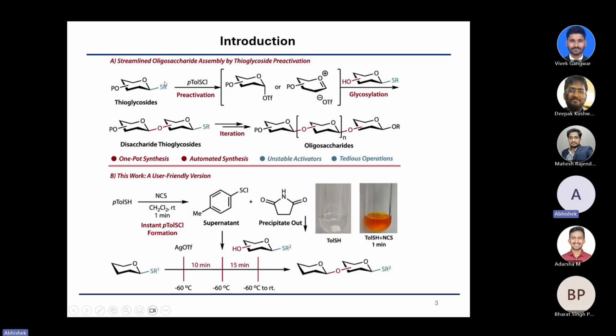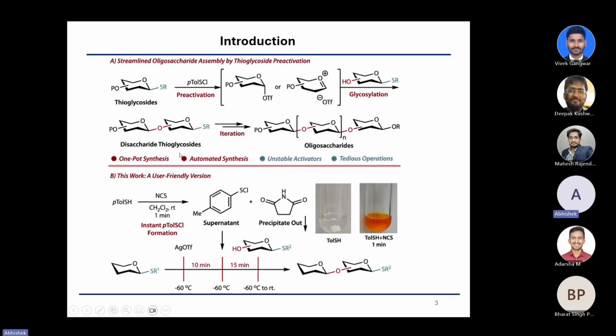This is streamlined oligosaccharide assembly by thioglycoside preactivation, starting from a thioglycoside preactivated with para-toluenesulfenyl chloride. Two moieties are formed, either the alpha-OTf or the oxocarbenium, which after glycosylation with an acceptor forms the disaccharide thioglycoside, which after iteration is converted into oligosaccharide.